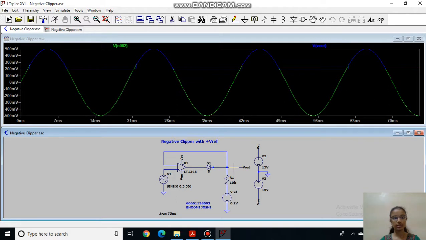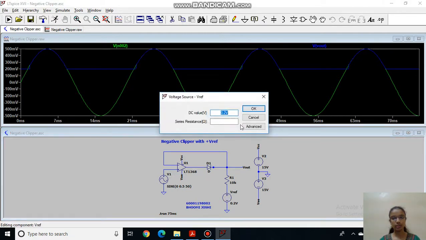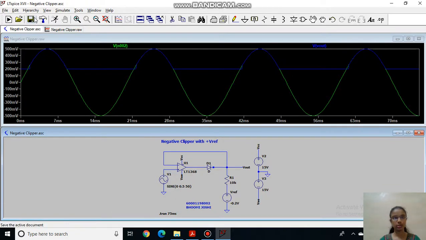As you can see, my output is clipped at 0.2 volt. So now let us see with the negative reference voltage. The only change will be the minus sign.